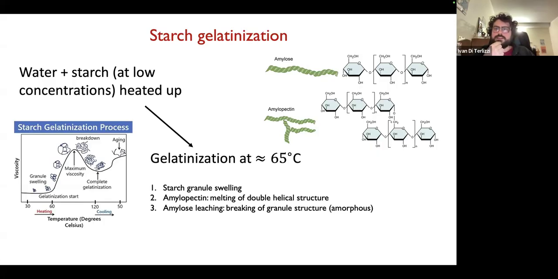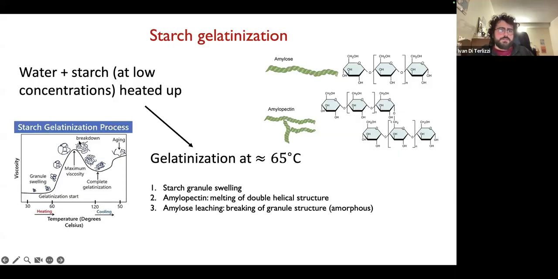The starches, at low temperatures, are in a granular form. If you buy powder starch, it's powder. Then you put it in water, and high temperature makes the granules absorb water. They increase in size until they burst.